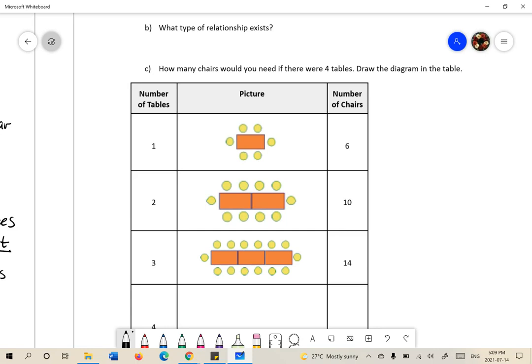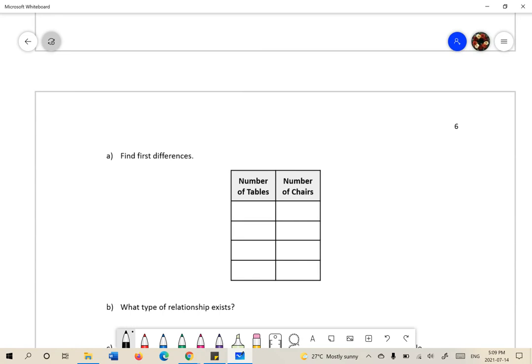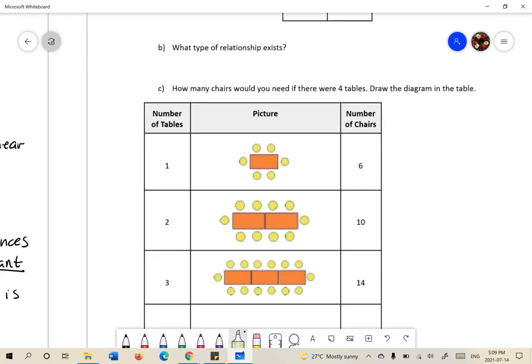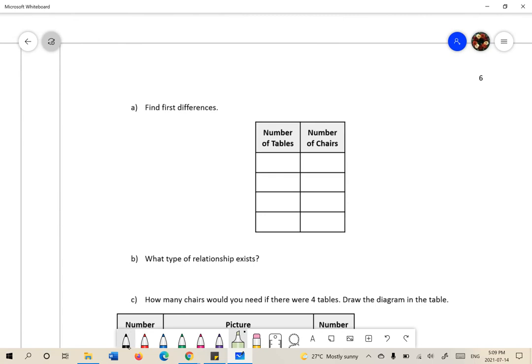We can actually just rewrite all this information in a table of values that's easier to read up here. So I'm taking my X values and I'm placing them in the X column up here.